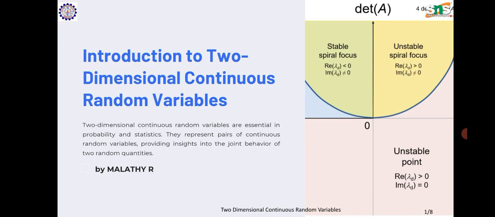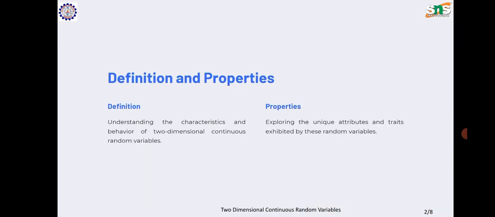Two-dimensional continuous random variables are essential in probability and statistics. They represent pairs of continuous random variables, providing insights into the joint behavior of two random quantities. Definition and properties of two-dimensional continuous random variable. Understanding the characteristics and behavior of two-dimensional continuous random variable.